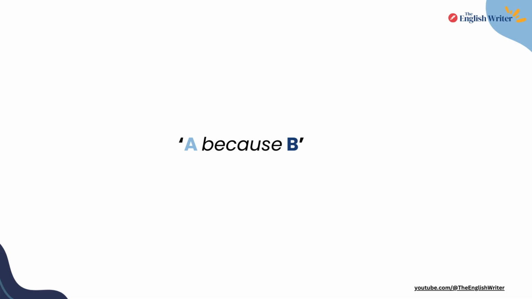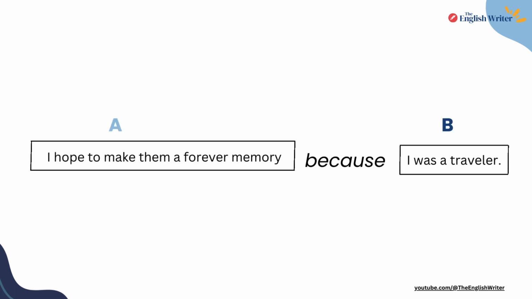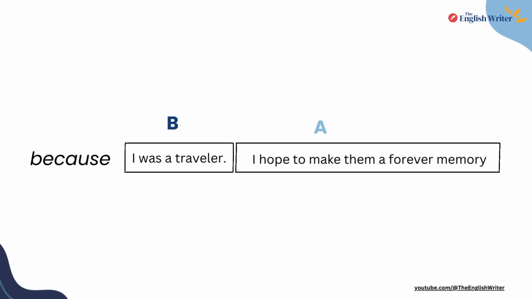What's interesting about the because conjunction is the two clauses it connects can be reversed. So, looking at the structure again, A because B can also be because B, A. I hope to make them a forever memory because I was a traveller can also be because I was a traveller, I hope to make them a forever memory.